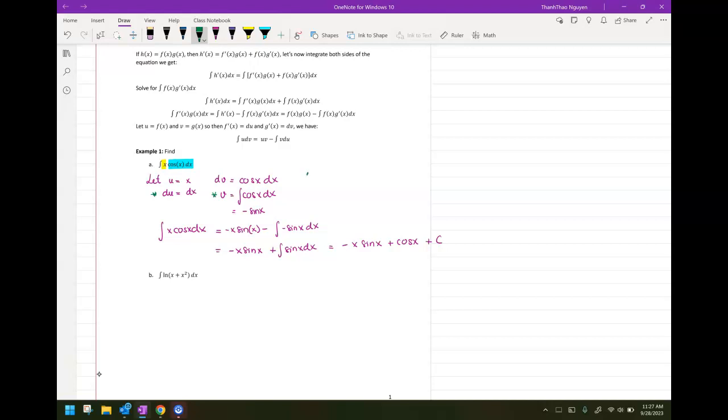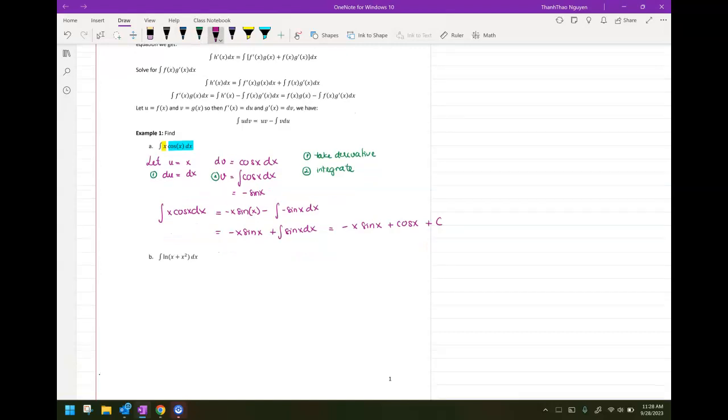So we first take a derivative, and in the second part, where there's dv, we integrate. So remember, we have to choose u and dv so that it benefits us most. So how do we choose what benefits us most?